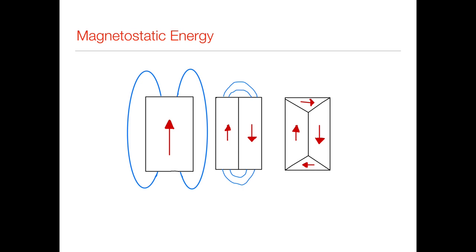If you have some sort of spin polarized electrons, you can look at local magnetization and you can image domains in this way. They're often really quite complicated patterns that form, much more so than this simple one I've shown here. But the point is essentially the same, that they arrange themselves to have these kind of magnetic closed loops so that there's no external field outside of the magnet.